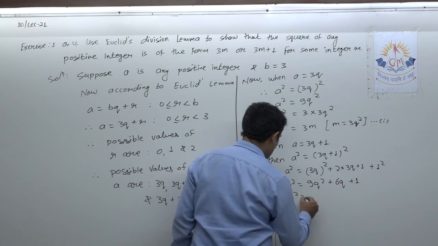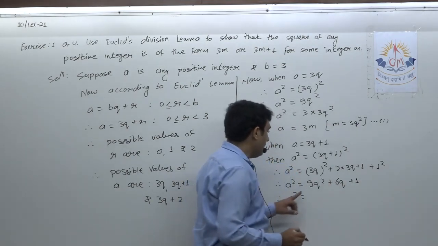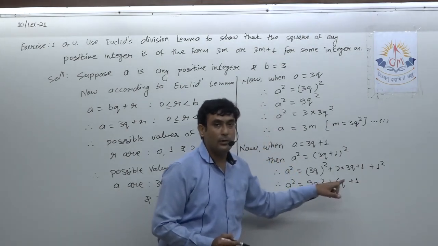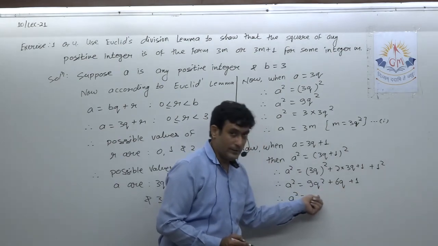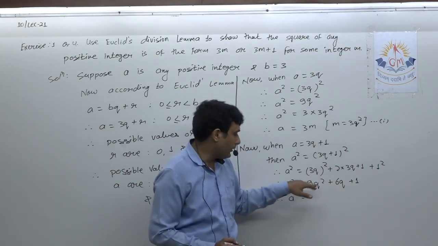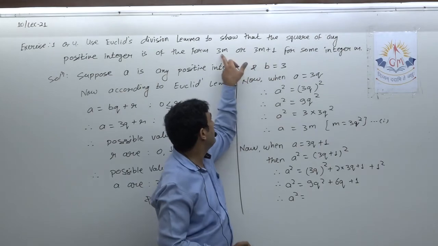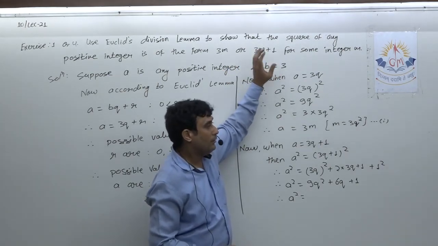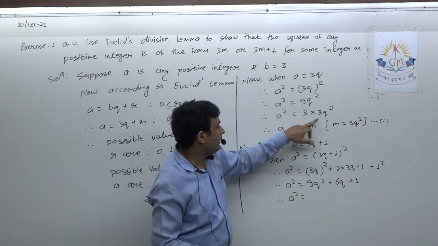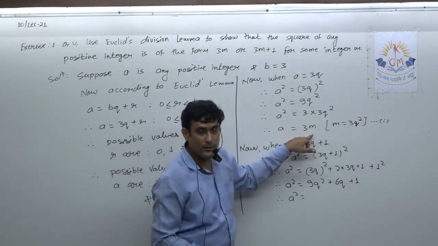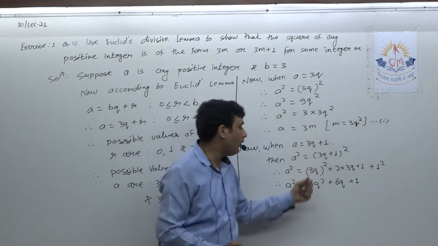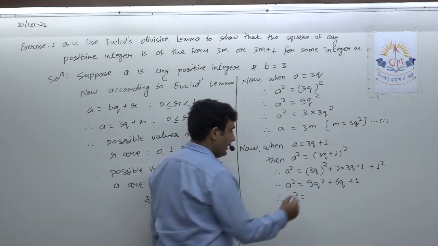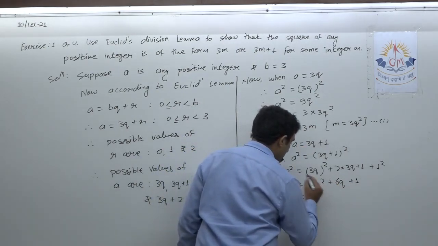So a square is equal to, now definitely it is not possible to take 3 common from all the terms. So it is not possible to write this in the 3m form. But definitely it is possible to write this form. So we have to show that either it is possible to represent it as 3 into something or 3 into something plus 1. So from these two I can take 3 common.